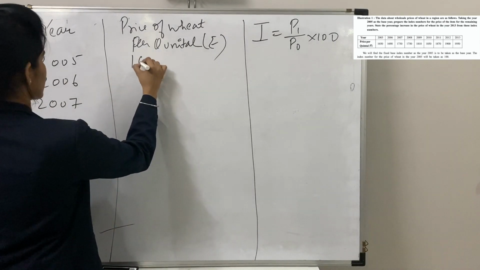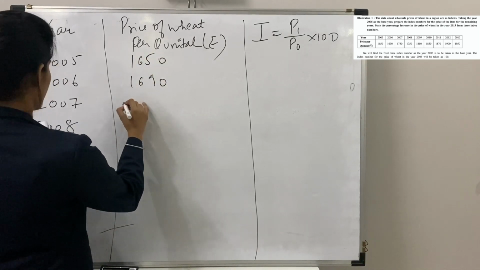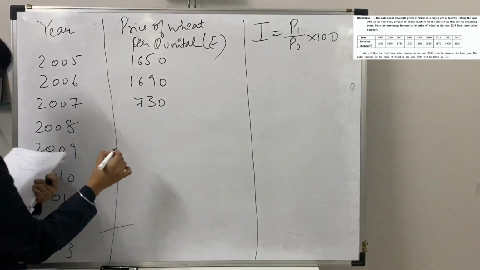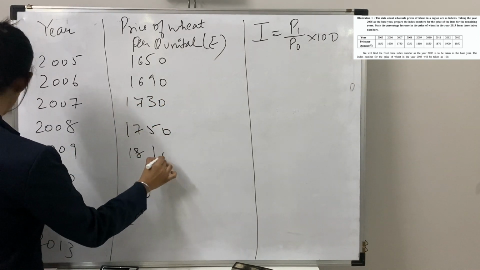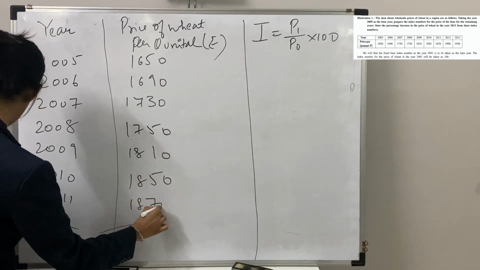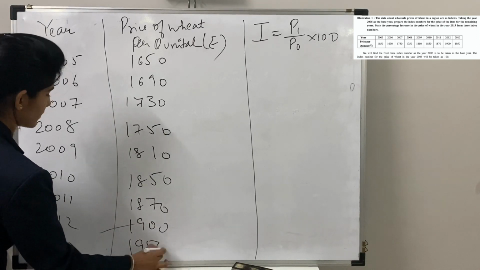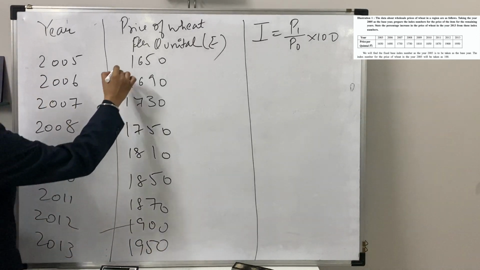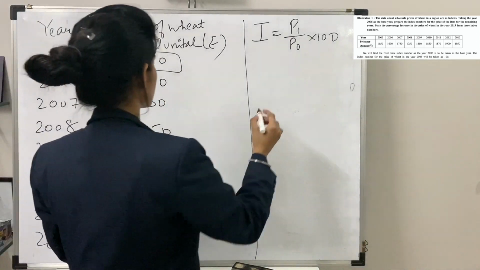These are the values given: 1650, 1690, 1730, 1750, then 1810, 1850, 1870, 1900 and 1950. Now we'll take this as your P0. Now coming to the calculations.